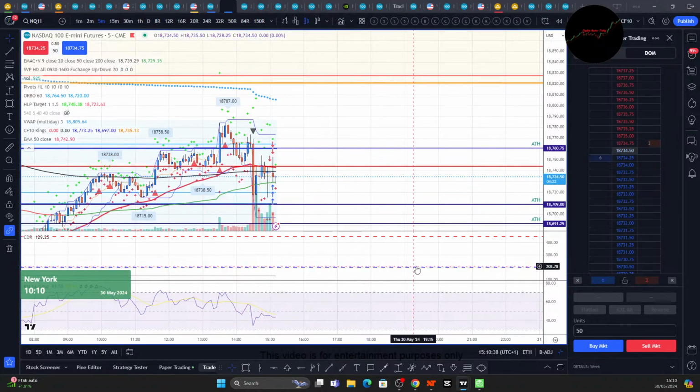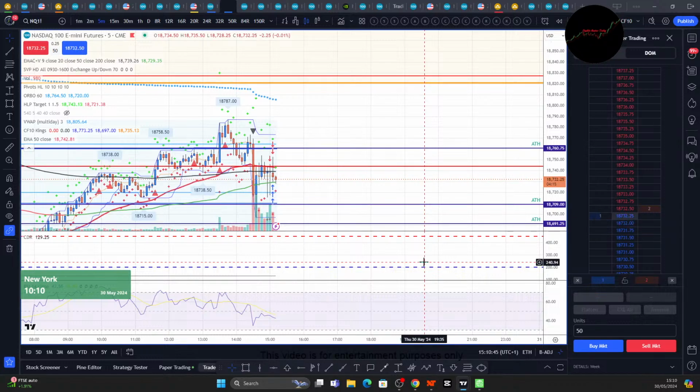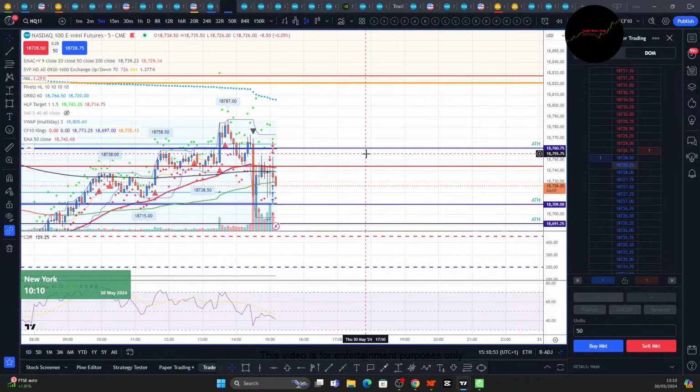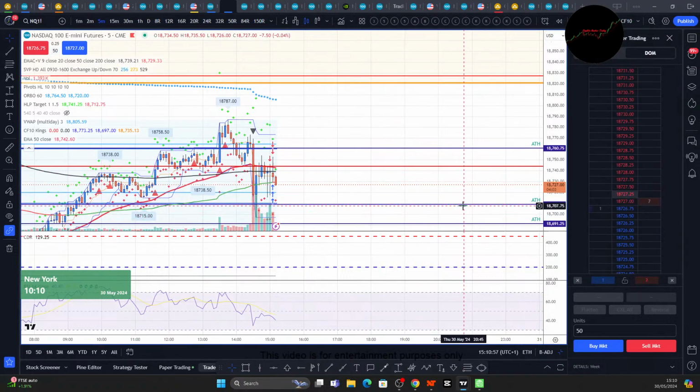You know what, let's wait for a 3K setup. I'm going to get in before the candle close.